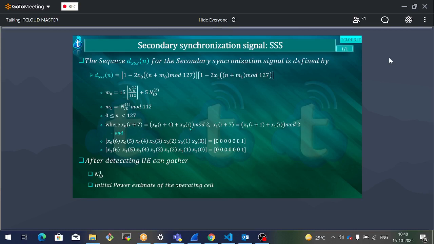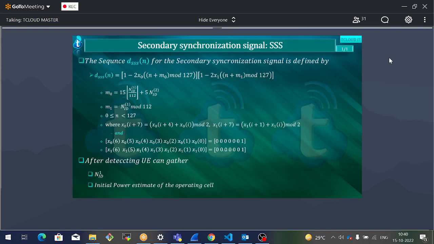You place 0 in this position and this position. X0 of 4 is already defined in this box, so you take the value as 0, and you take X1 of 4 also as 0 in the X1 case. So you keep doing the substitutions. From these already available initial elements, the gNodeB can calculate the SSS sequence. Easy as that. So it works on operator configuration.